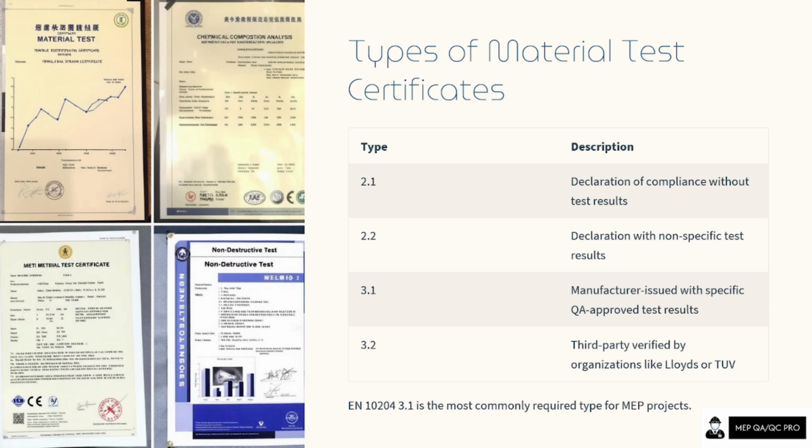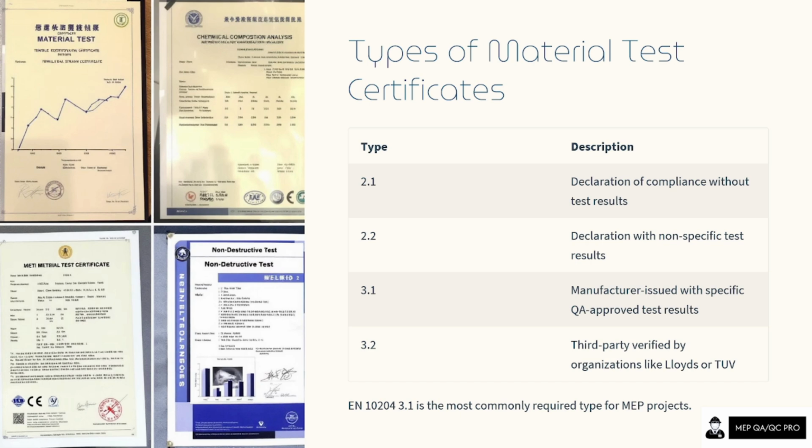There are many types of material test certificate. In the construction industry, we mainly use 3.1. What is 3.1? It is a standard which shows the type of the material test certificate, where the manufacturer issues it with a specific QA approved test result.